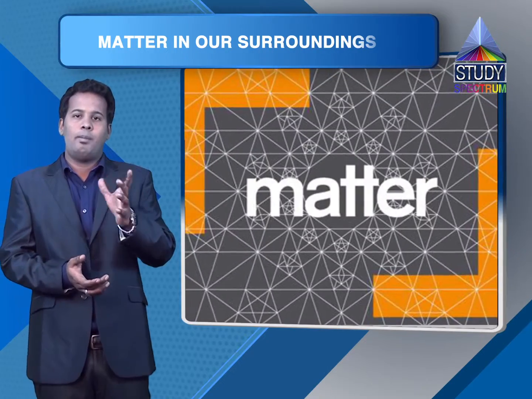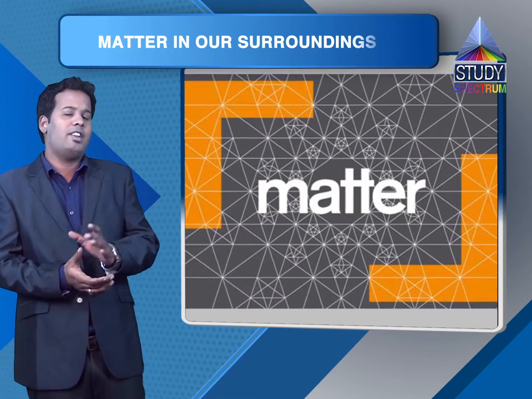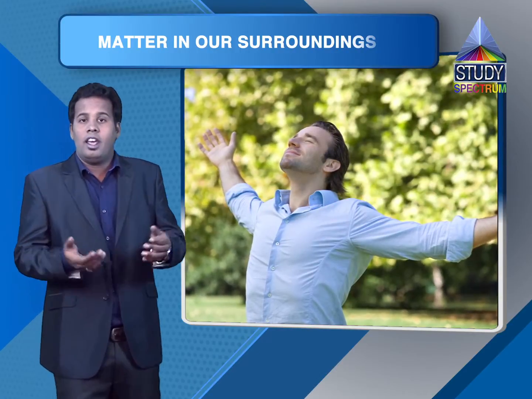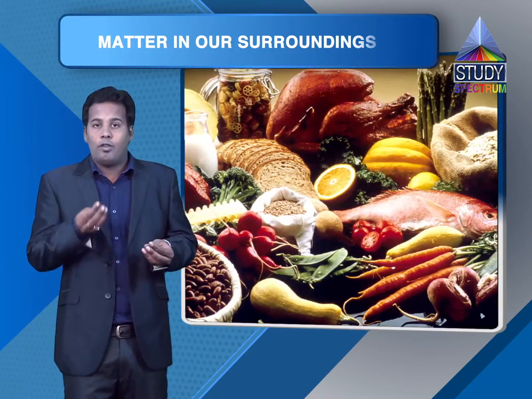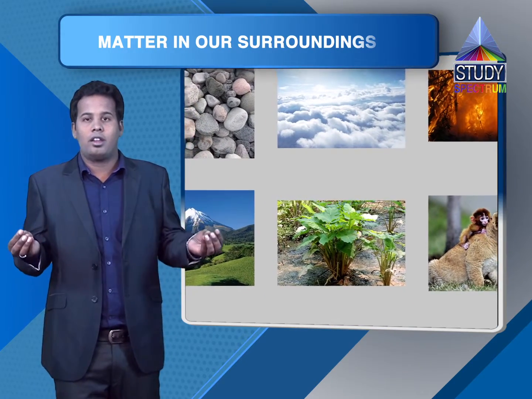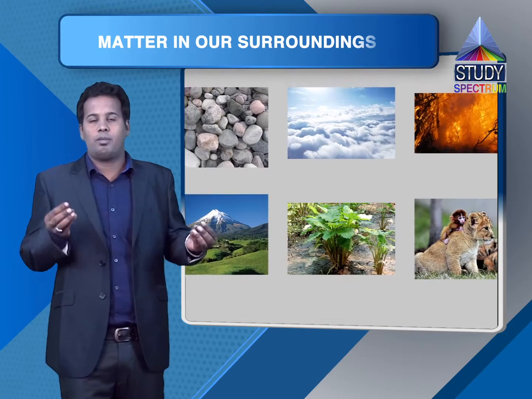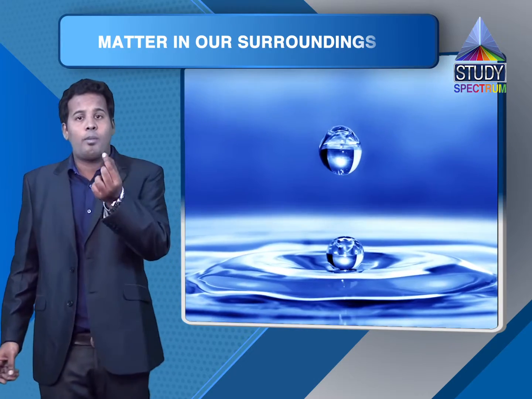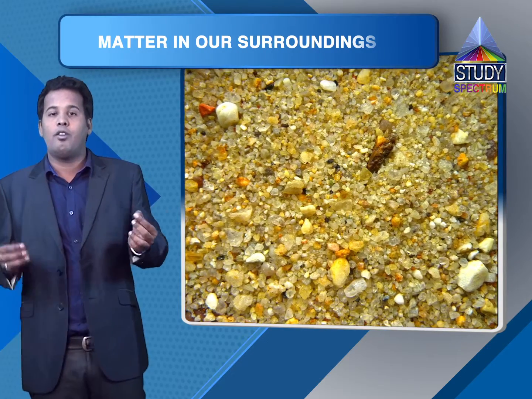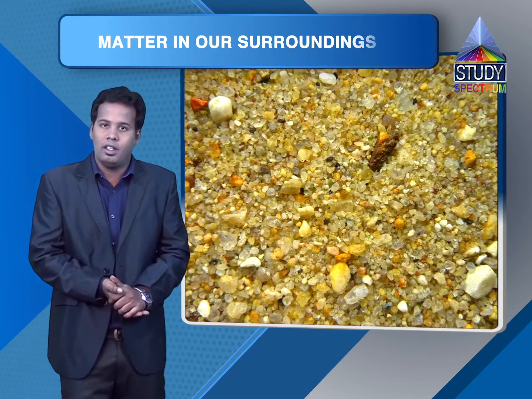They are made up of some material which scientists have named as matter. The air we breathe, the food we eat, stones, clouds, fire, mountains, trees, plants, animals, even a drop of water and even a sand particle is made up of matter.